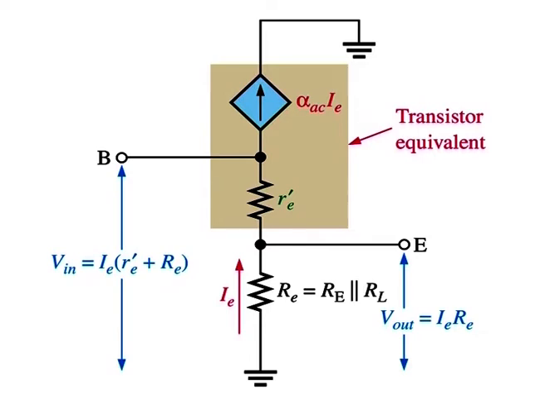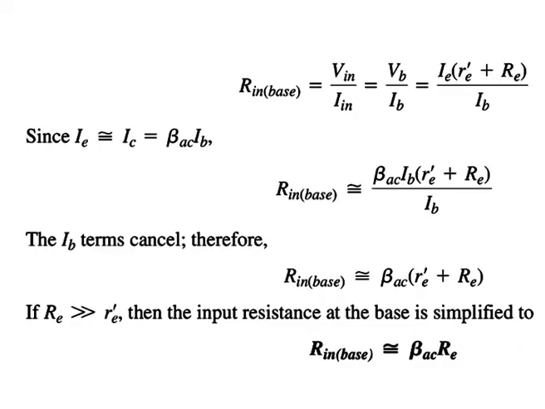The derivation of the input resistance, looking in at the base of the common collector amplifier, is similar to that from the common emitter amplifier. In a common collector circuit, however, the emitter resistor is never bypassed because the output is taken across Re, which is RE in parallel with RL.